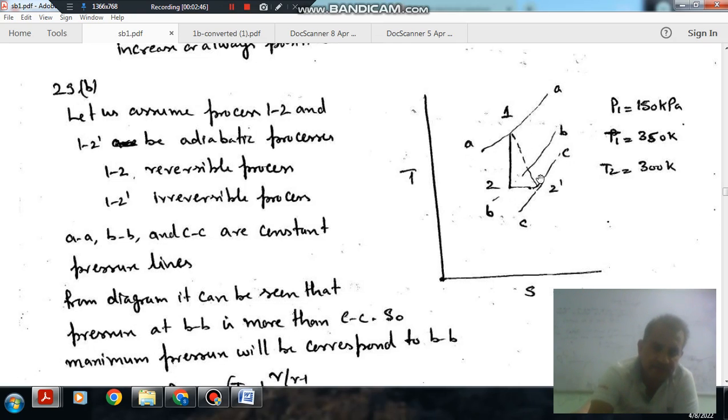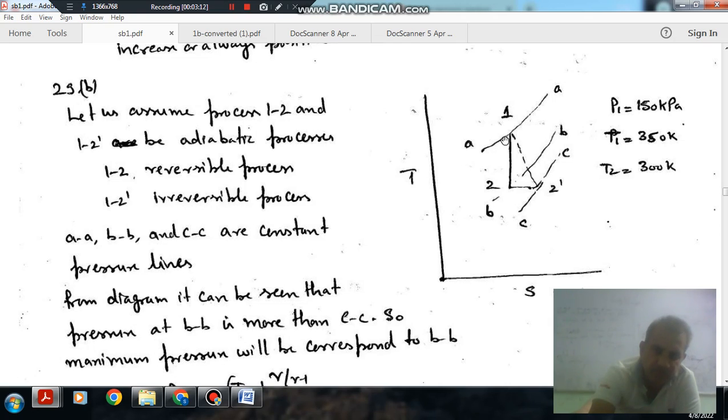So we can clearly see that for the same temperature T2 and T2 dash, that is equal to 300 Kelvin, the pressure is higher at B than at C. Okay, so this is your pressure line.